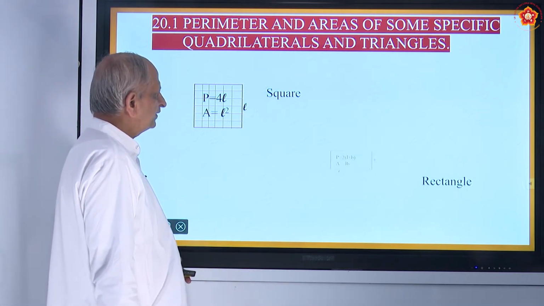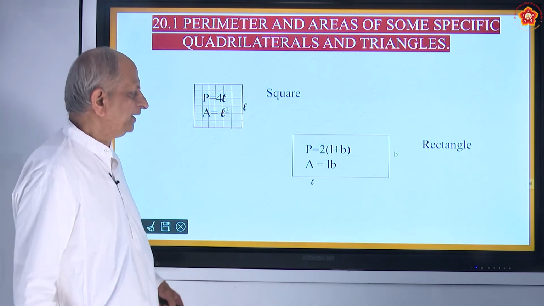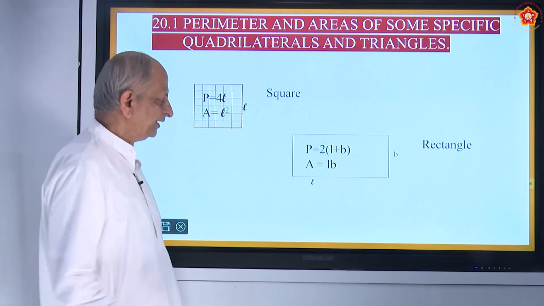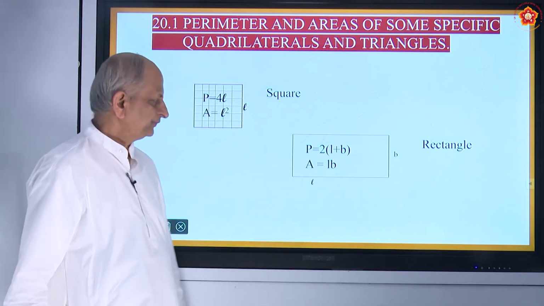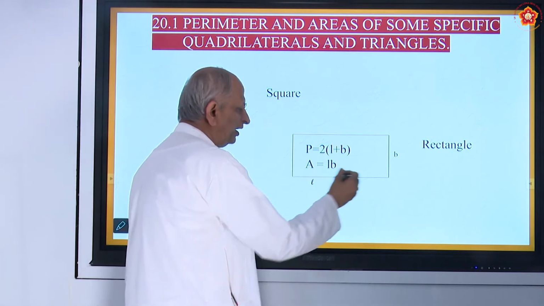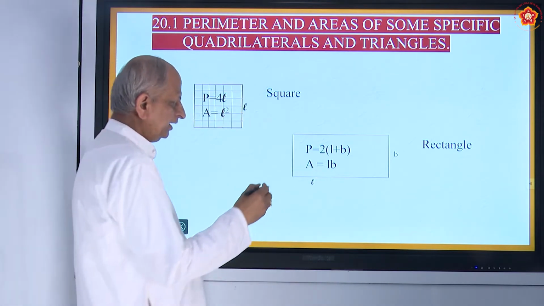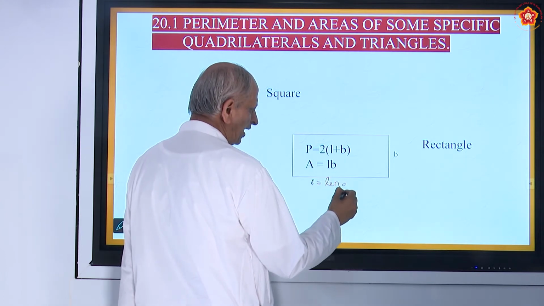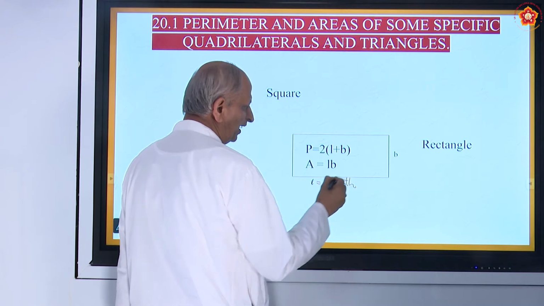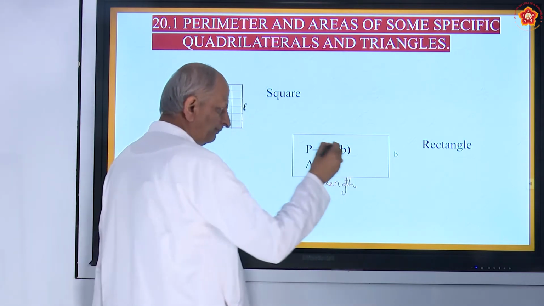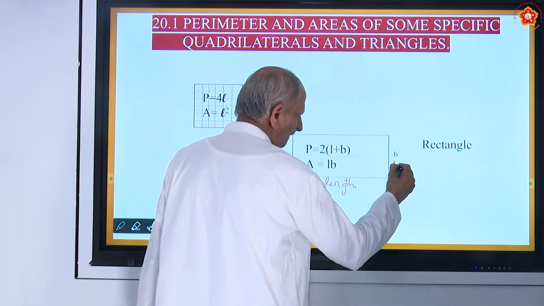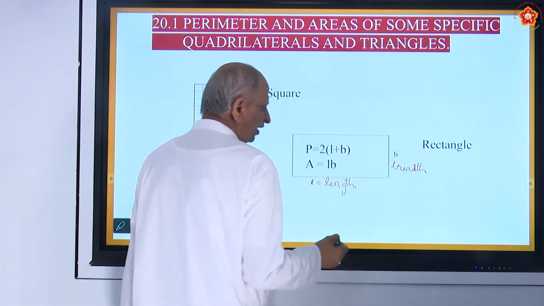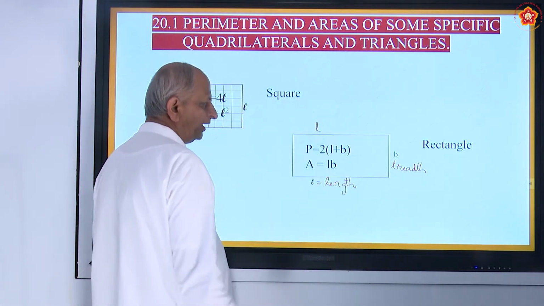Then one more interesting and most important quadrilateral having 4 sides is called a rectangle. In the rectangle there will be a longer side called the length. Here L is called the length, and there is no rule that you should call it only L. You can call it any name, no problem. Here B is called the breadth. How many lengths do you have? 2 lengths.